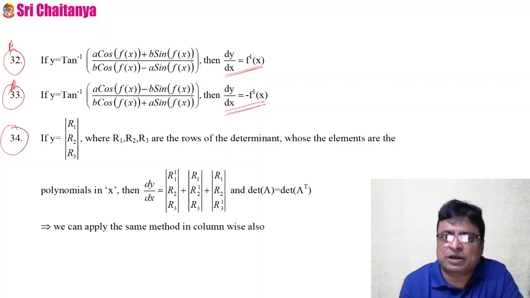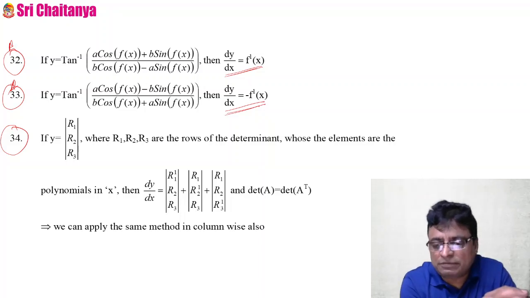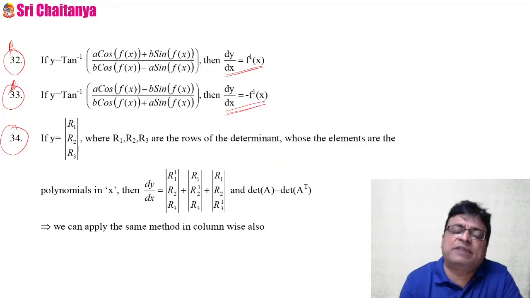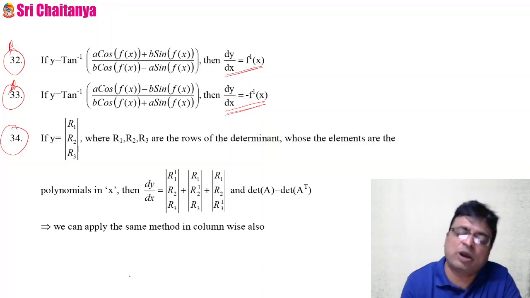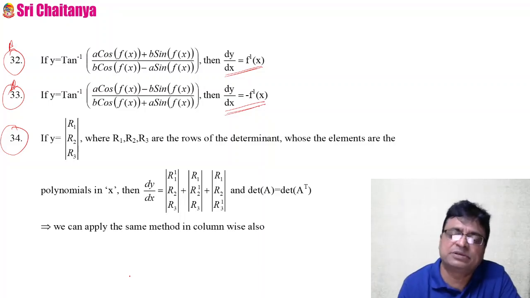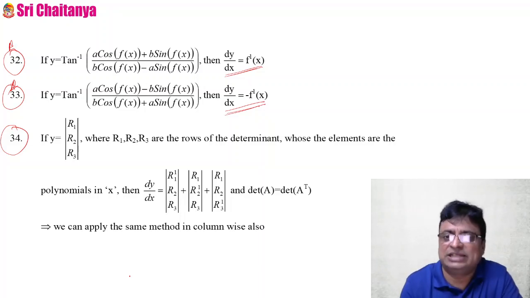So if three rows R1, R2, R3 are given in x, and they ask to find the derivative of the determinant, that means dy/dx, then instead of expanding the determinant all the way and differentiating, which is a risky and tedious process, to avoid that cumbersome approach, better you derive like this.